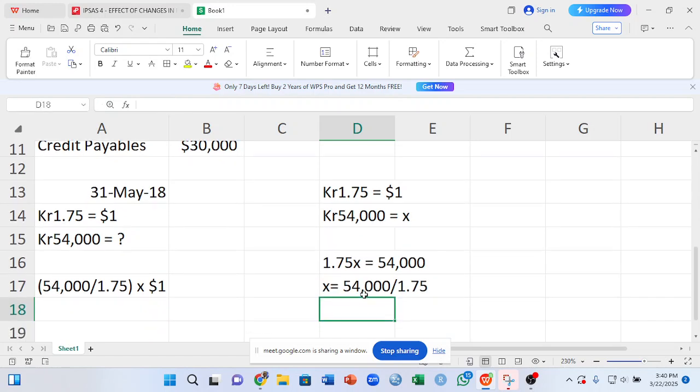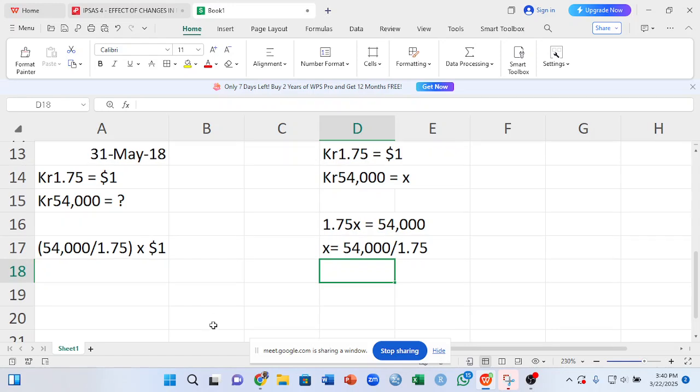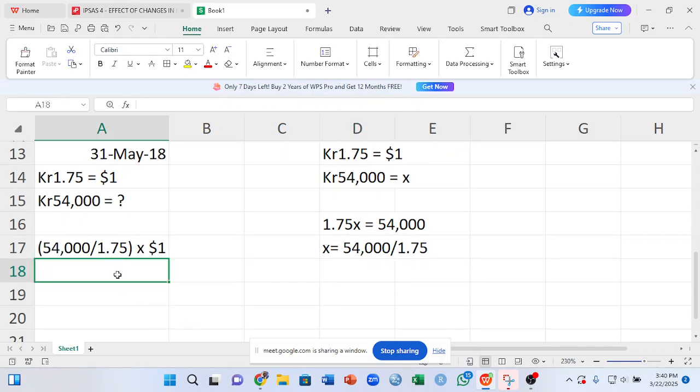Then what will be our answer in this case? 30,857.14 dollars. Let me round it up, so it will be 57.